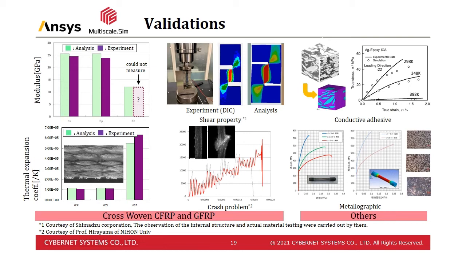In addition to the material constants, we also compare other results with the real test. This figure shows an example to observe strain distribution by means of DIC, which stands for Digital Image Correlation Method. In this case, we prepare notches at different positions on the front and back of the test piece.